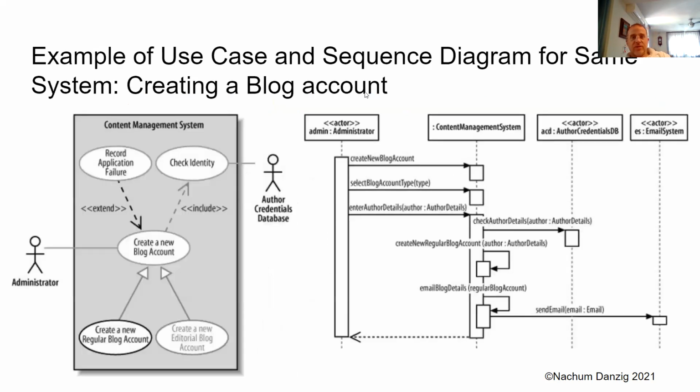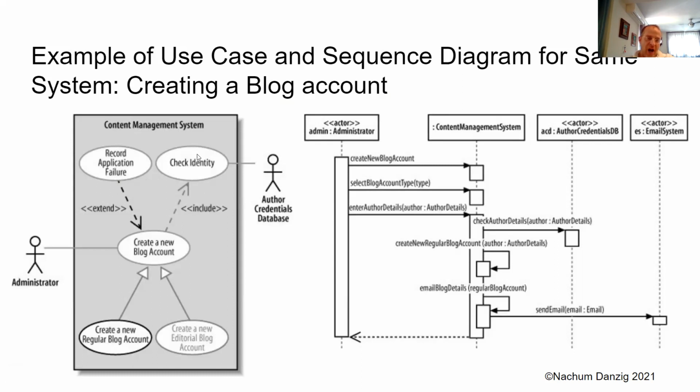Examples. Sorry, I keep moving the picture around. Example of use case and sequence diagram for the same system, creating a blog account. So here's this use case, create a new blog account. He's going to check identity. Sometimes he'll record application failure.